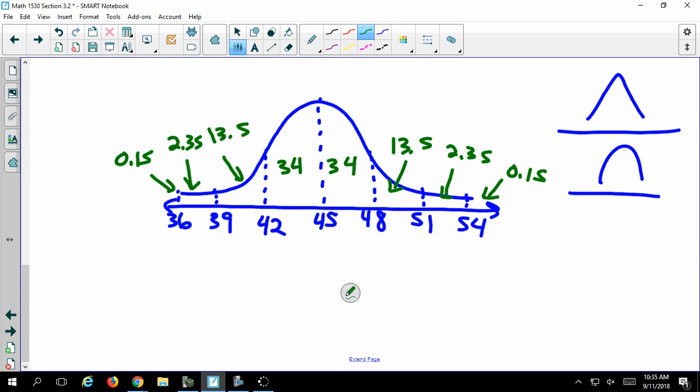So if this is on the test, it's going to say you have to show your work on your paper. That's what you're going to draw. You're going to draw this on your paper. And then you're going to do any other calculations there with it.